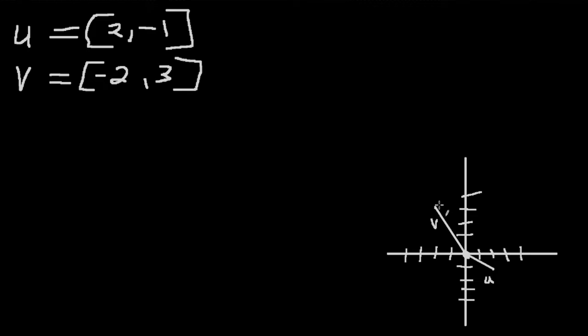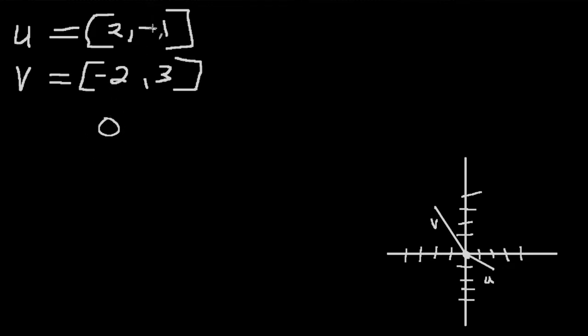And now, if you add these together, you end up with an in-between point. It'll be somewhere around here. And to get that exactly, you just do the addition. So let's add them together. 2 and then a -2. We're going to get a 0 there on the x.